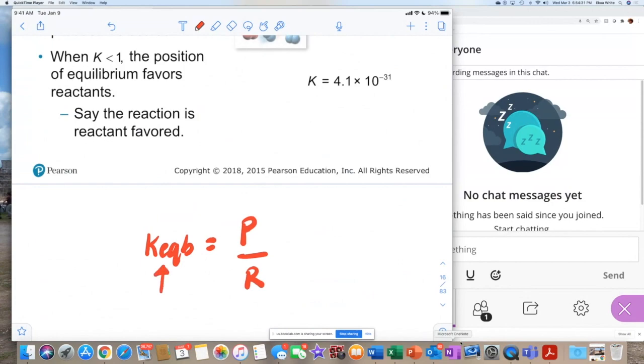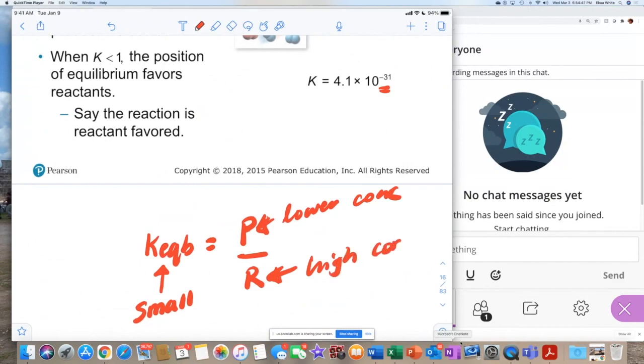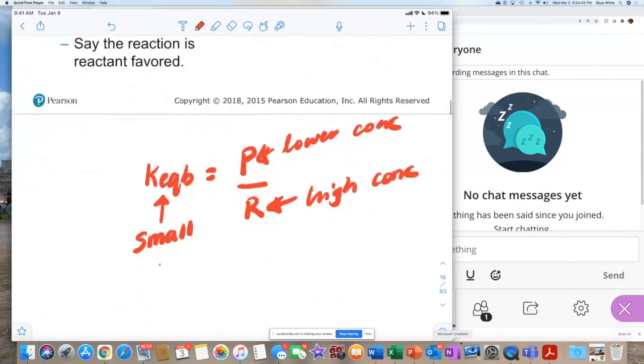If this value here is small, because the superscript is small, then that makes this a lower concentration and this one here a higher concentration. When we get to equilibrium, you have more reactants than you do product.